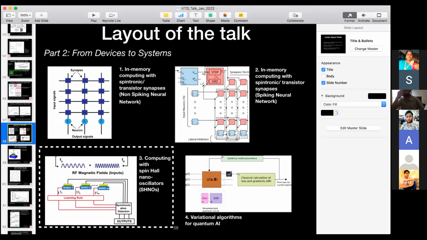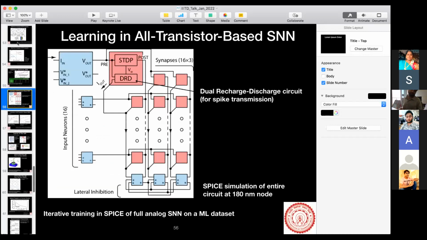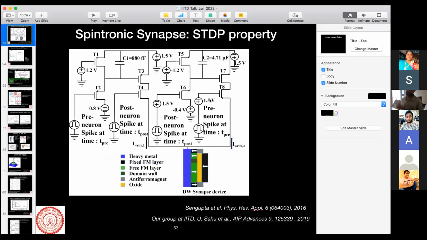Also, sir, the weight update was done by operating the transistor which you used as a synapse, and you operate that synapse in the sub-threshold regime. Now weight update depends. There are some transistors operating in the sub-threshold regime that generate the write current, and if I want to use a domain wall synapse, this write current passes to the heavy metal layer, moves the domain wall, and the weight changes.